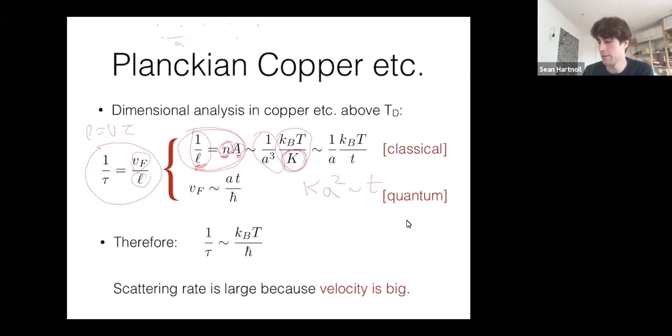Okay, so now there's no hbar here. They're just energy scales. What's the velocity? Well, the velocity is the Fermi velocity. And if the Fermi surface is relatively large, the natural velocity is this one.